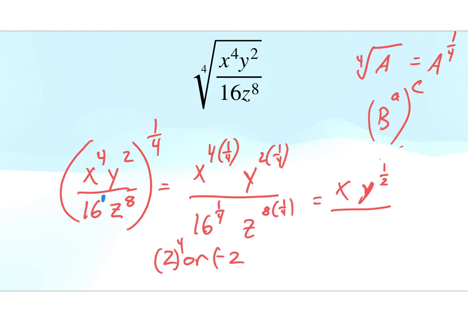If I take -2 to the fourth, I will get also 16. So it'll be plus or minus 2. And then z, 8 times a fourth is 8/4, which is 2. As long as my exponents are positive, this would be considered simplified.